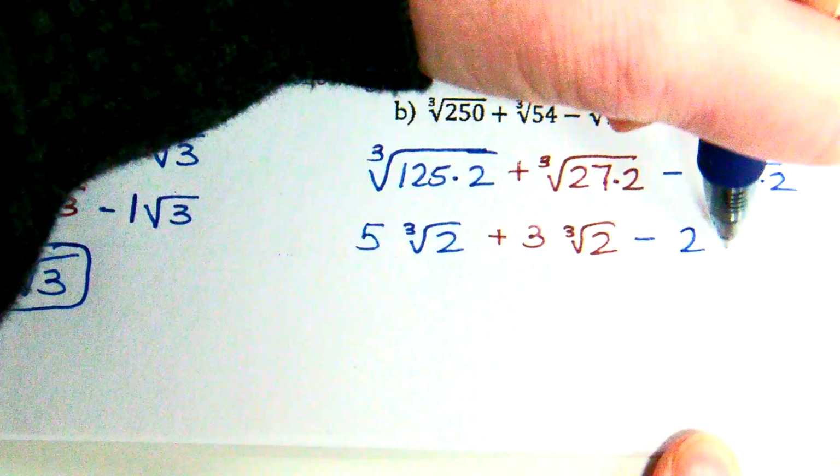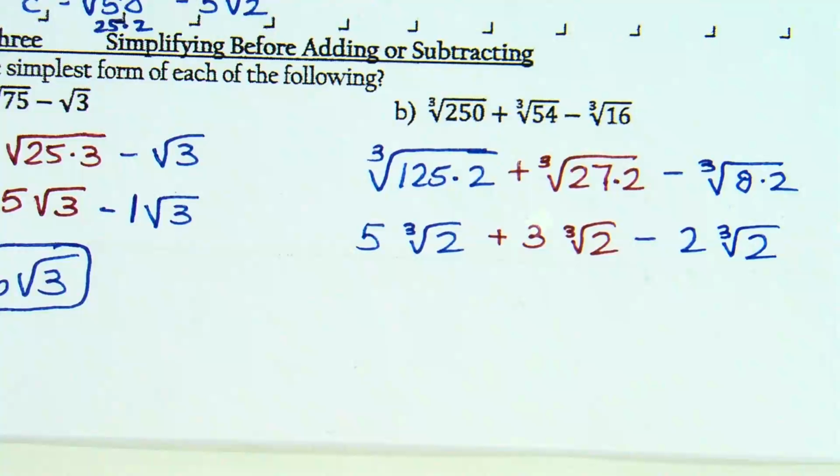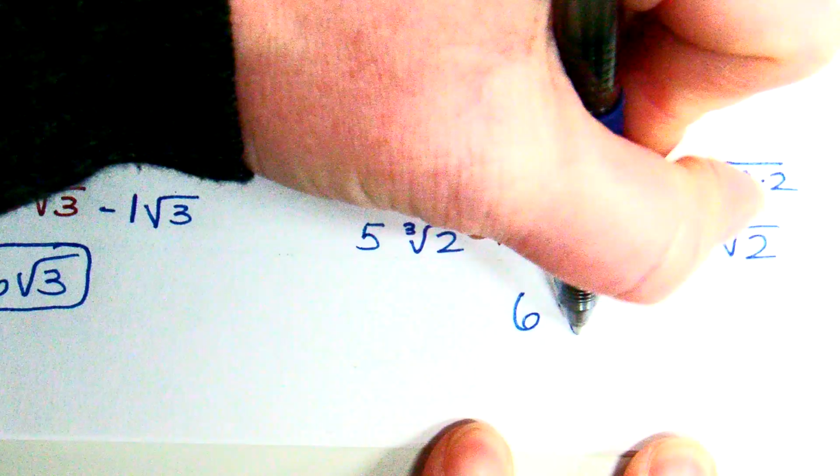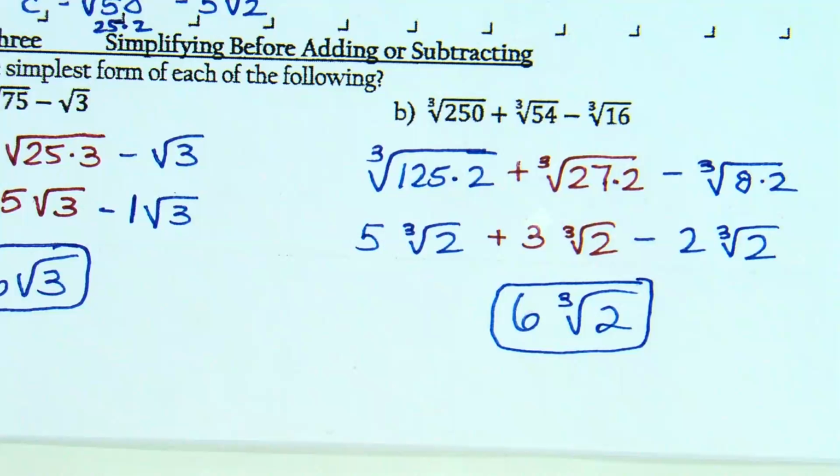The cube root of 8 is 2. So it's going to be 2 cube root of 2. 5 cube root of 2 plus 3 cube root of 2 minus 2 cube root of 2. 6 cube root of 2.